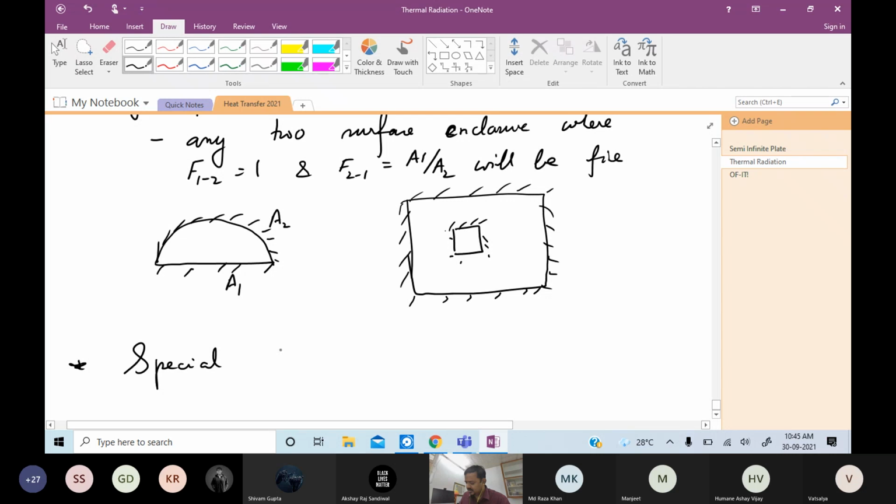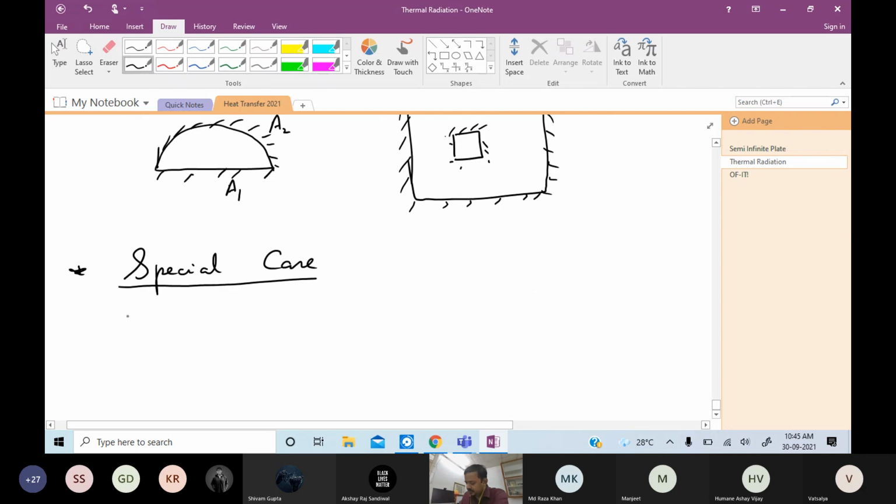Special case. See how beautiful it is coming out to be. The special case is A2 is way, way bigger than A1, such that A1 by A2 tends to 0. If that is the case, what happens?